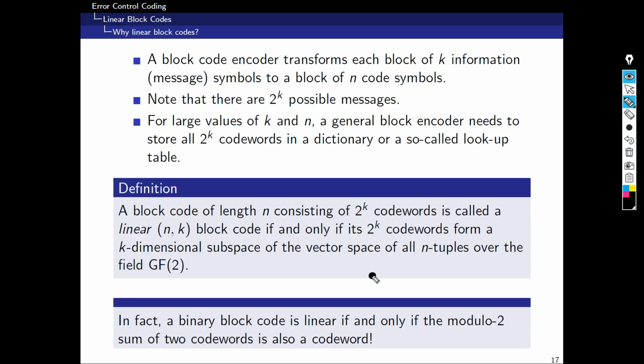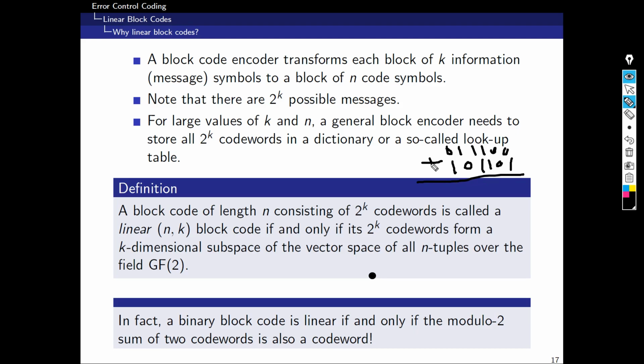I get the summation of these 2 code words. Let's say you have one code word like this, 0100101, and another code word 0111100. You sum them up.